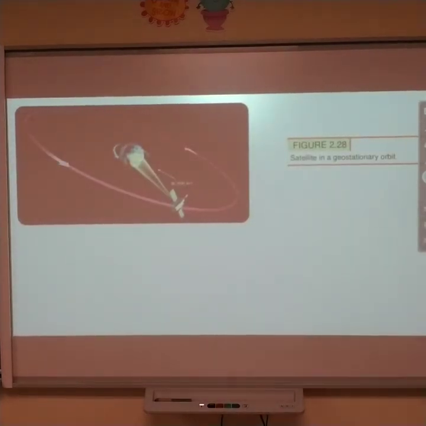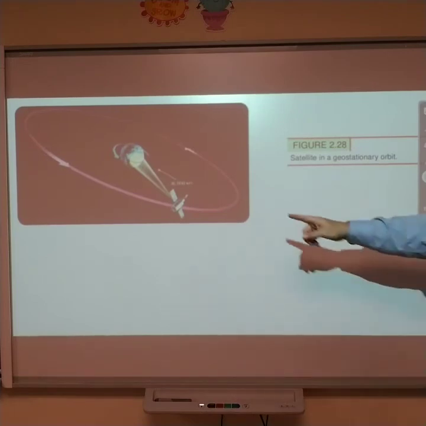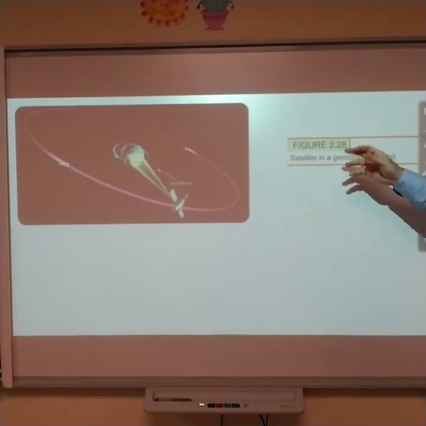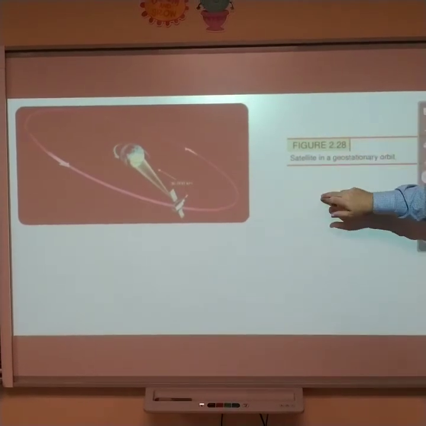Let's say this is the Earth and this is the satellite. They're rotating together, okay? The Earth is rotating at the same speed that the satellite orbits. So it's always over the same spot. So it's geostationary. I can't even comprehend the math that goes into that.